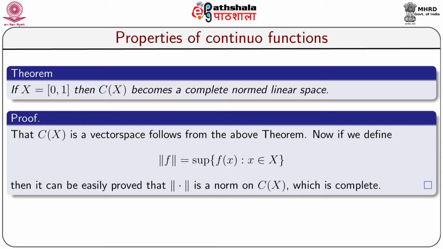In fact, as we have considered X as the closed interval [0, 1], the set of |f(x)| such that x belongs to X is bounded. So, the supremum exists, and we can define the norm. With this norm, C(X) becomes a complete normed linear space.